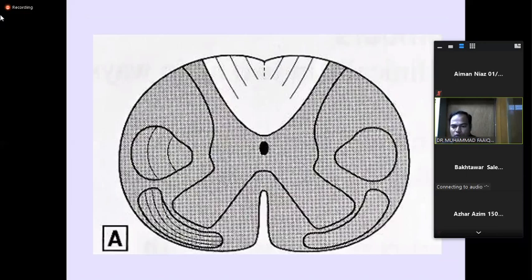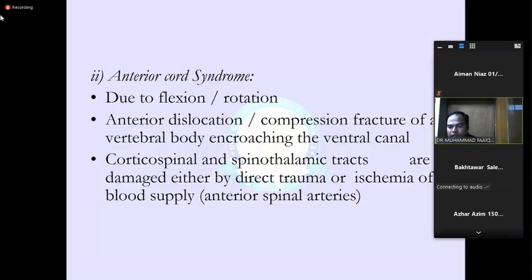So anterior cord syndrome is a flexion rotational injury in which the anterior spinal artery is involved. What are the important tracts involved in anterior cord syndrome? Two important tracts. Number one is the corticospinal tract. Number two is the spinothalamic tract.